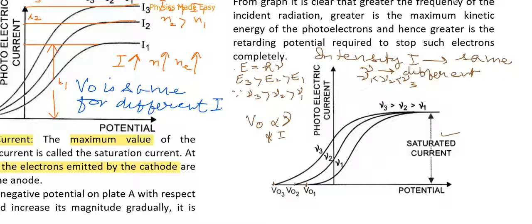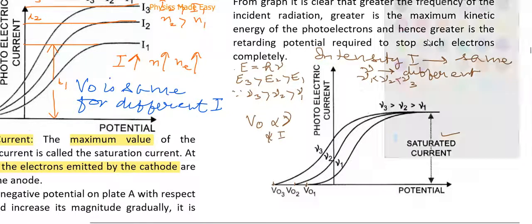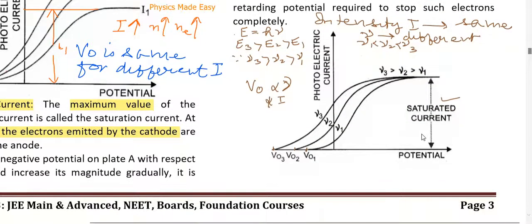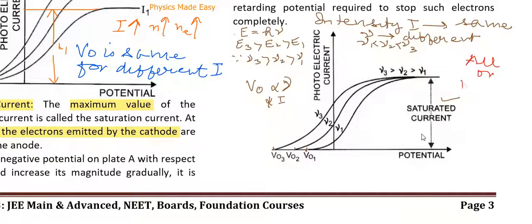And in my previous lecture, I explained that the photoelectric effect is, I will write it again here, by changing the color. Photoelectric effect is all or nothing. Either the whole of the photon is absorbed or the photon is not absorbed at all.